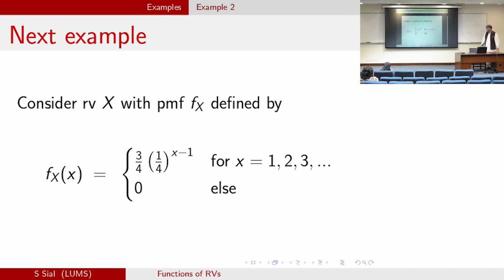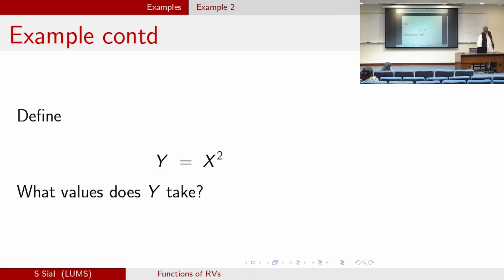Okay? So we've defined a PMF for a random variable x. Now, I'm going to define y equals x squared. Okay?